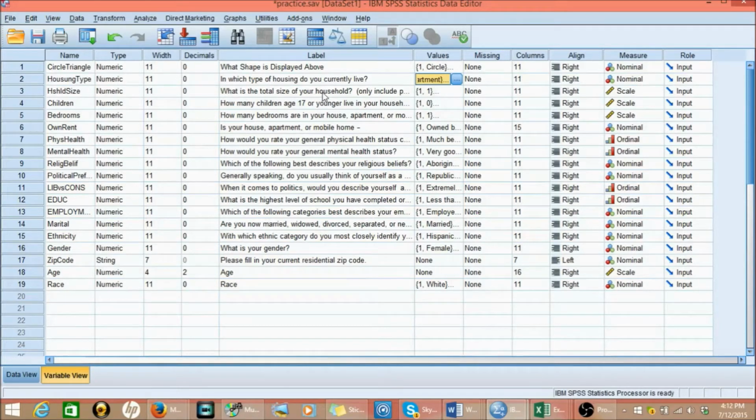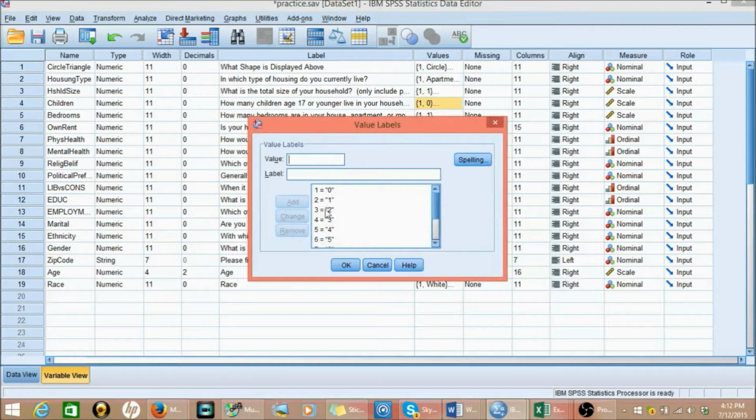Household size, total household size, great, makes sense. Children under the age of 17 living in the household, I would assume this is by numbers. Keep in mind that if somebody answered the value of 1, the label is 0.